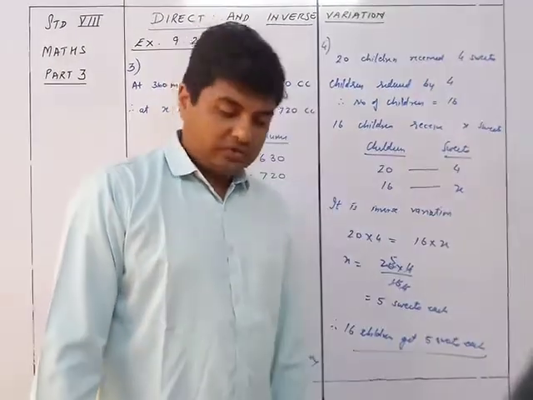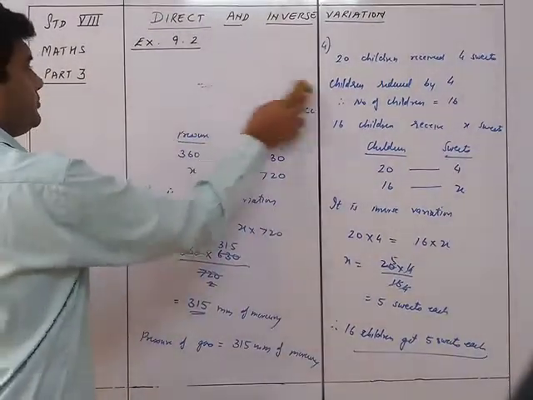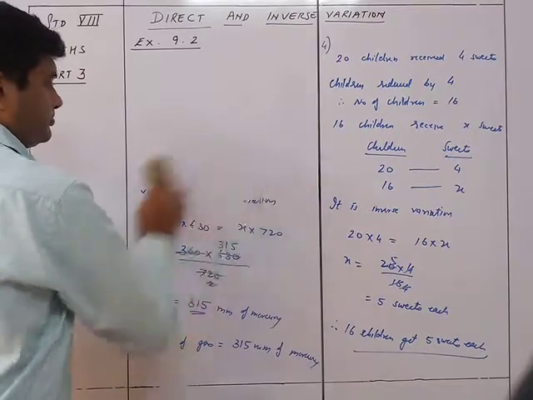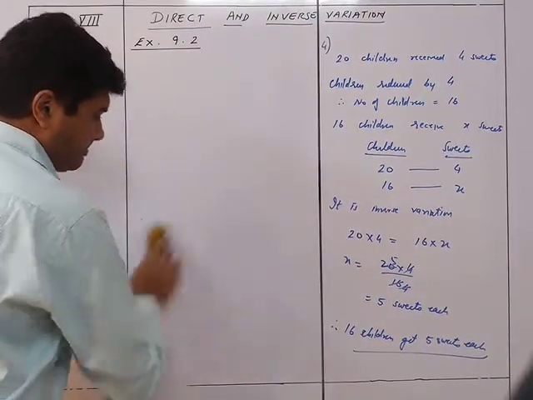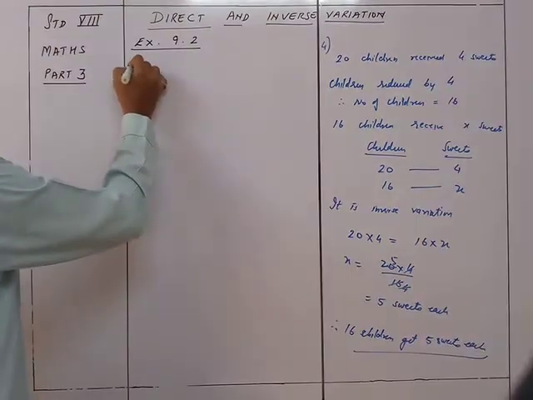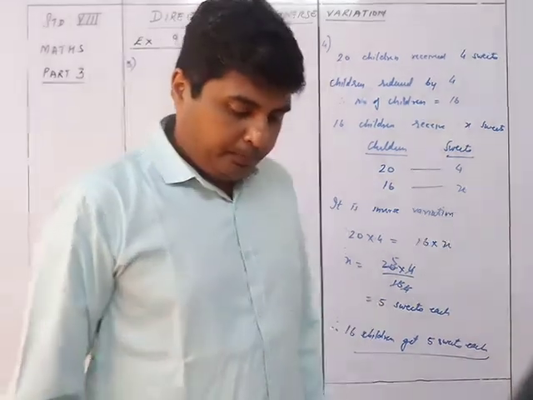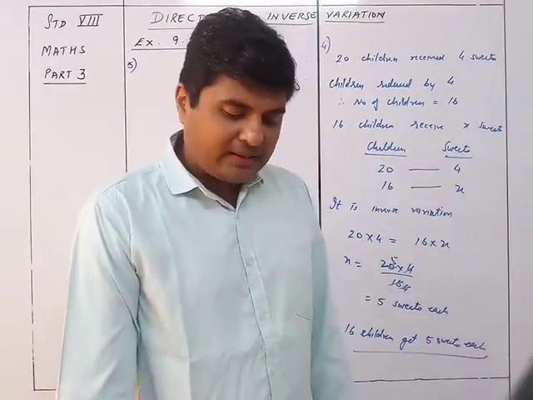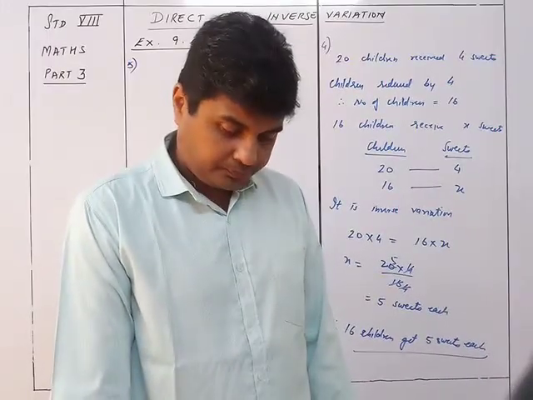We now move on to sum number 5. Pooja had enough money to buy 36 oranges at the rate of 4 rupee 50 paisa per orange.